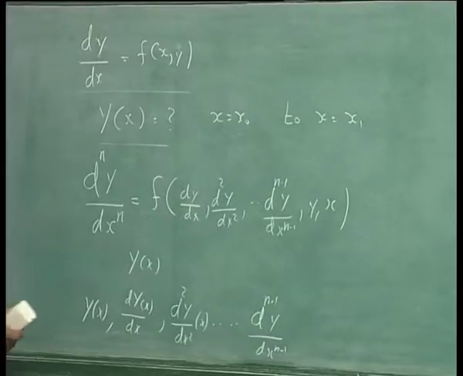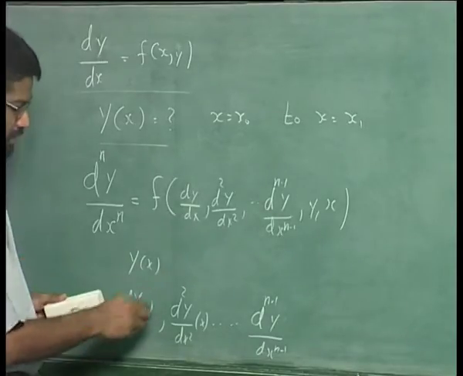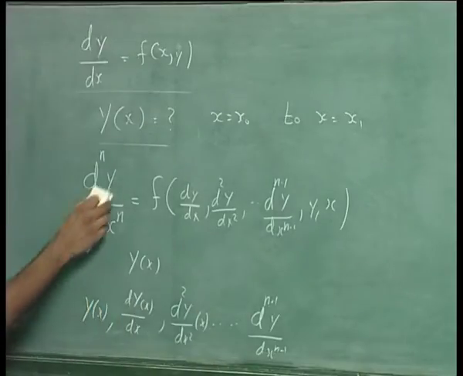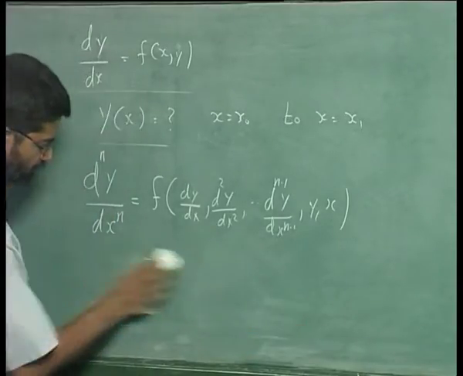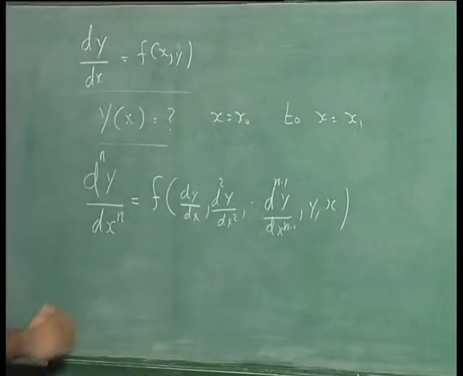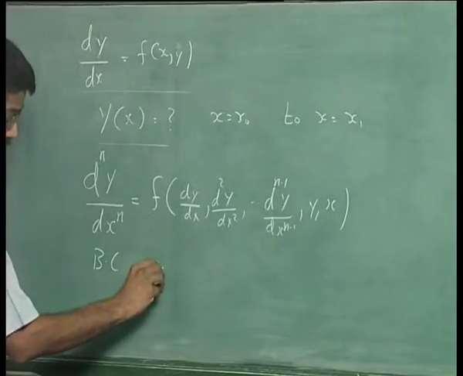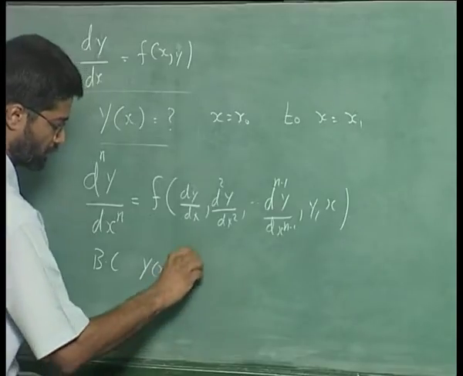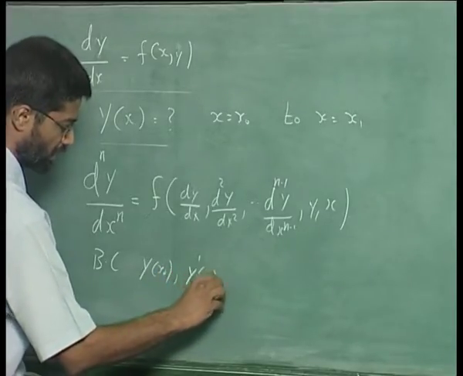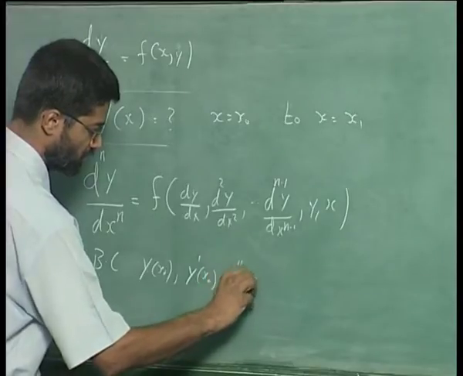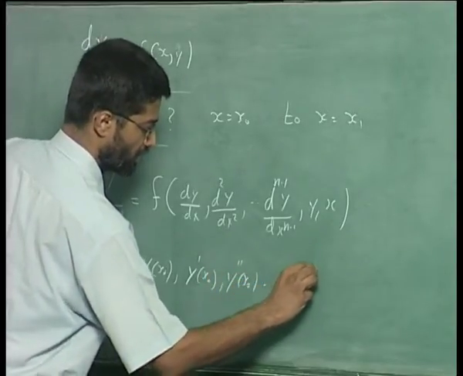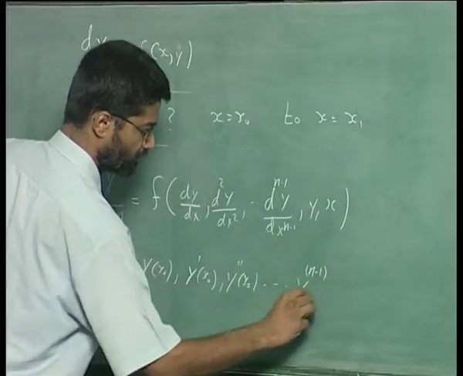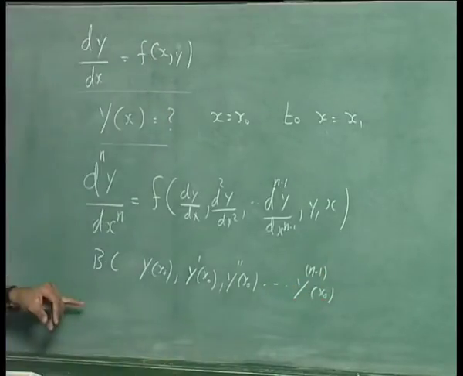We call them boundary conditions, BC. So the boundary conditions are y at x0, y prime at x0, where y prime is the first derivative of y, and y double prime at x0, all the way up to the (n minus 1)th derivative of y at x0.